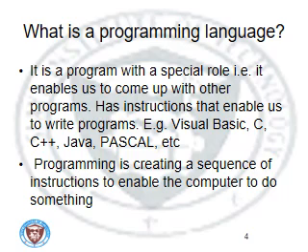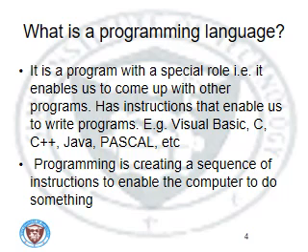And now, what is programming? Programming is creating a sequence of instruction to enable the computer to do something. Remember, we have said that a programming language basically enables you to come up with other programs. When you are coming up with those programs, you are writing instructions which the computer will use to behave in a particular manner.